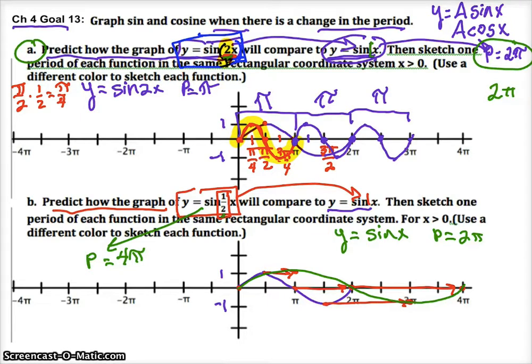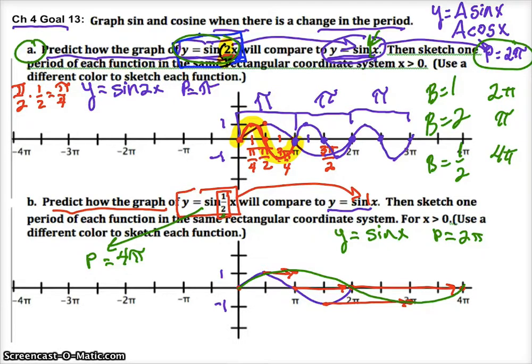So the coefficient of x was 1, and we call that coefficient of x b. So b was 1. And in example A, for y equals sine 2x, b was equal to 2, and the period was 1 pi. In our final example, the coefficient of x, or b, is 1/2, and our period was 4 pi.